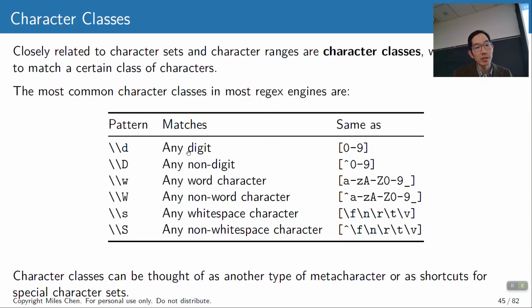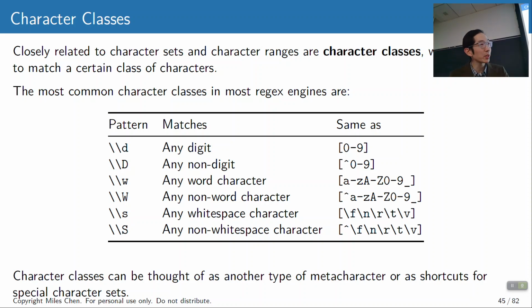There are three things: the D, the W, and the S. The D is any digit, so that's pretty easy. All of these are backslash and the character. But again, in R, you have to double backslash, which is a little bit of a weird thing, but in most other regular expressions, it will be a single backslash. So backslash lowercase d will be any digit, and the capital D is the negative.